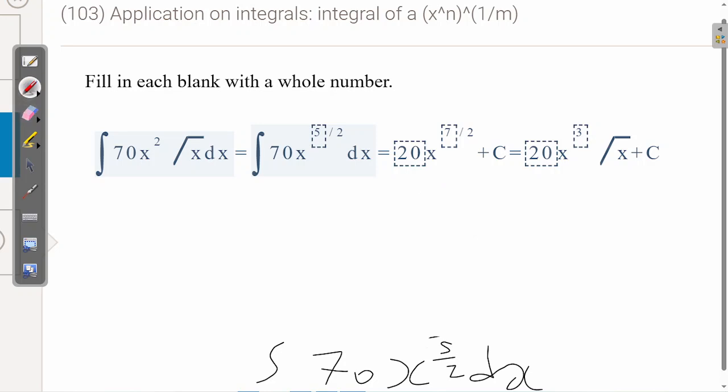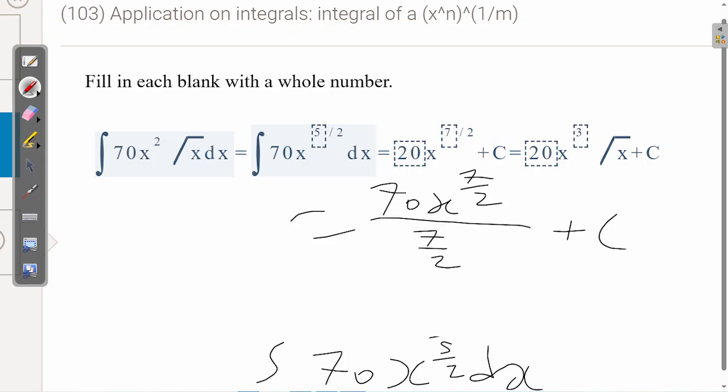Now integrate it. So you're going to add by 1. So it will be 70x 7 over 2 over 7 over 2. Let's see. 70 divided by 7 over 2 will be 20.